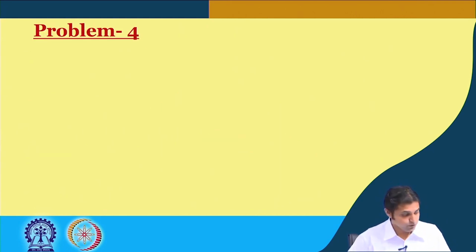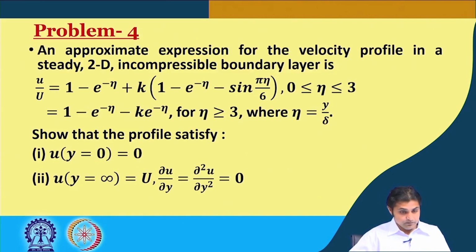With this, we are going to start solving one problem. The question says, an approximate expression for the velocity profile in a steady 2D incompressible boundary layer is given by the following function. Now we have to show that the profile satisfies the boundary conditions.